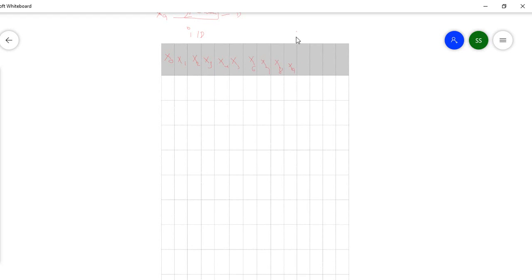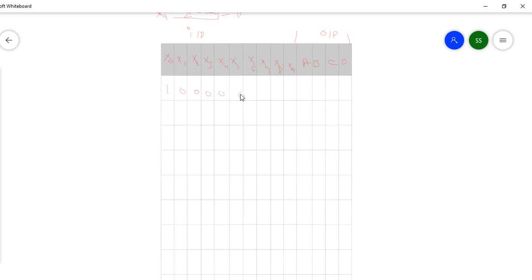These are inputs and the outputs are A, B, C, D. Now, it is a decimal to BCD encoder. So if x0 is high, you can take the opposite also. x9 you can take first or last, because it is an individual digit. If x0 is high, all the other bits we assume as zeros.